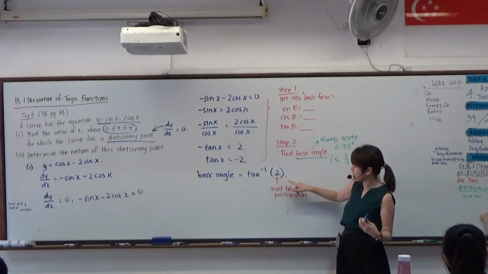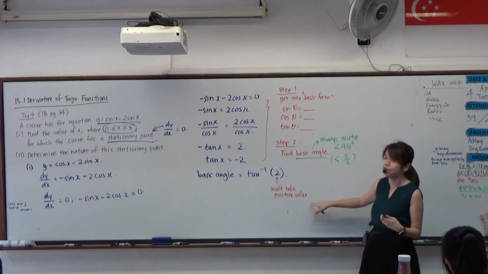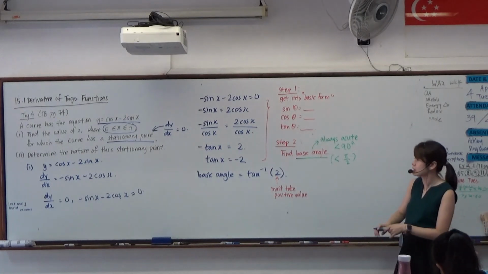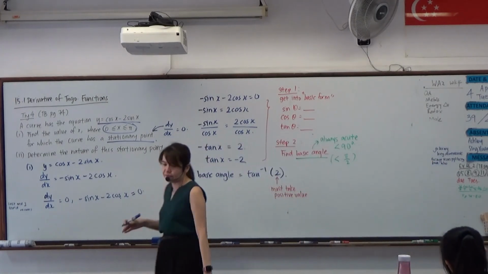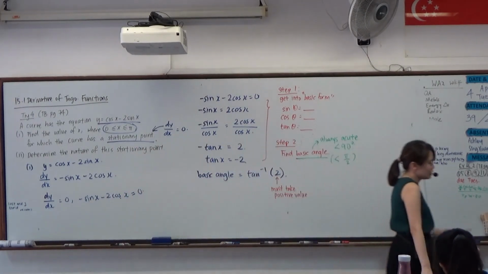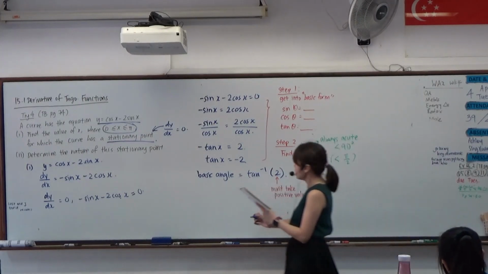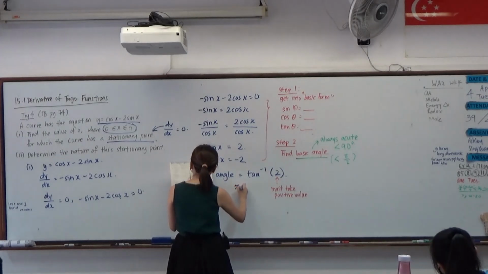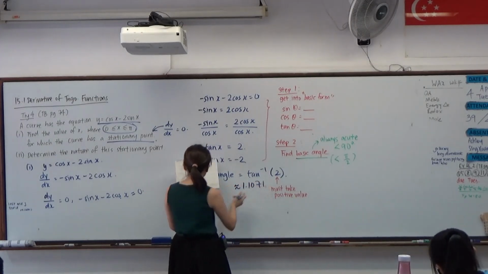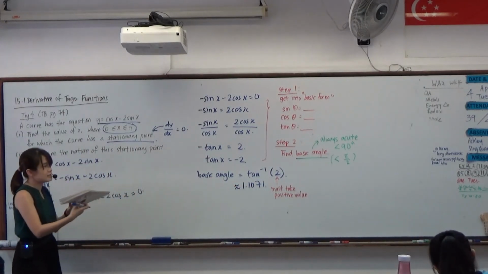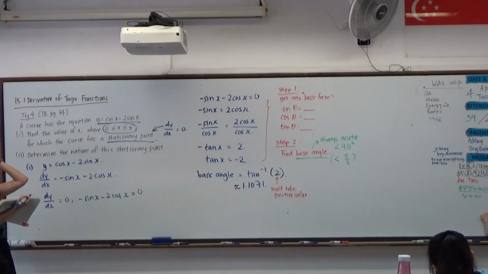That's why we always take the inverse of the positive value, and it will definitely give us a positive value, sorry, a basic angle, an acute angle. So this in our calculator using radian mode will give us 1.1071.